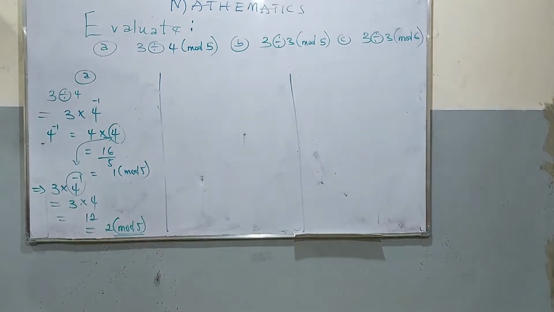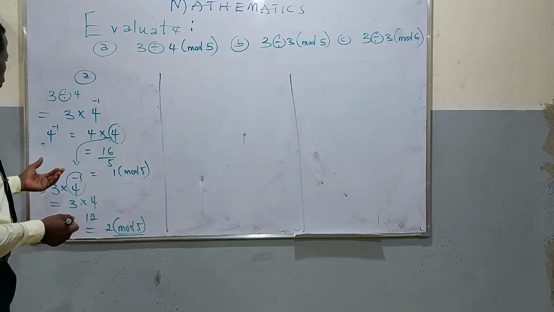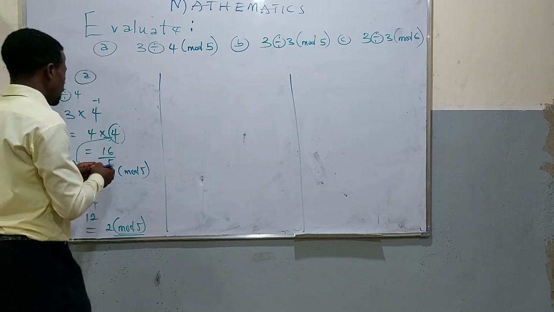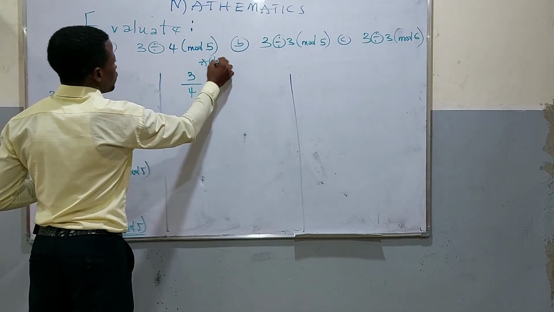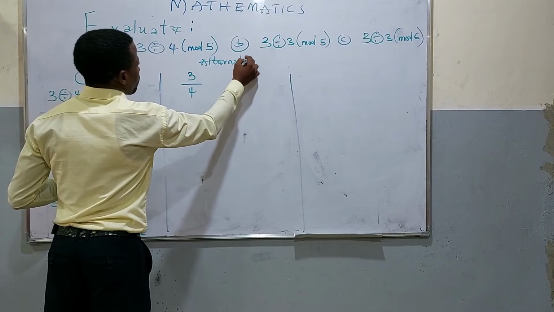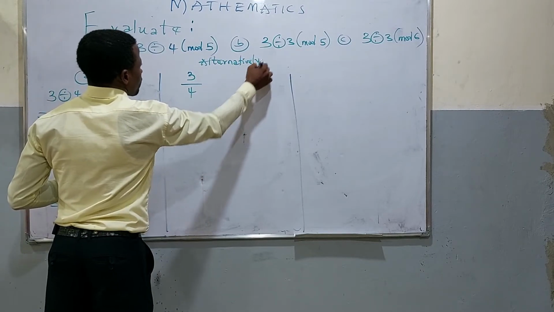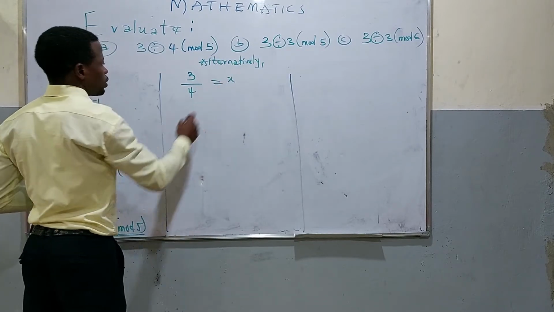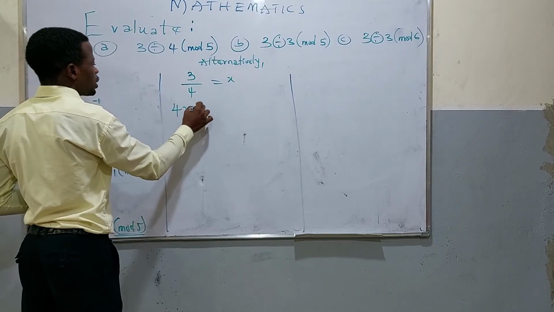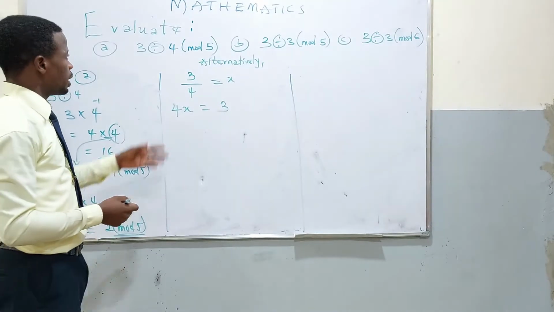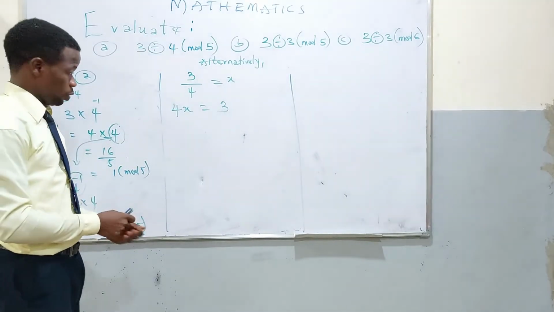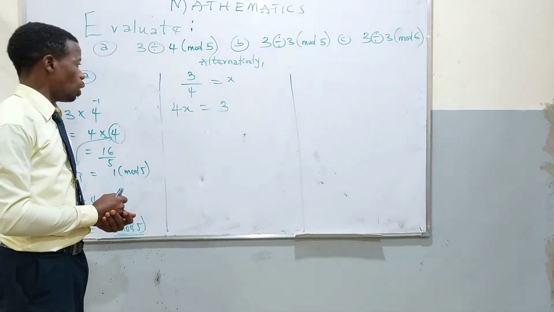Do you get it? The alternative approach: if you want to solve it the other way around, you can write this as 3 over 4 equals x. Then 4x equals 3, still in mod 5.